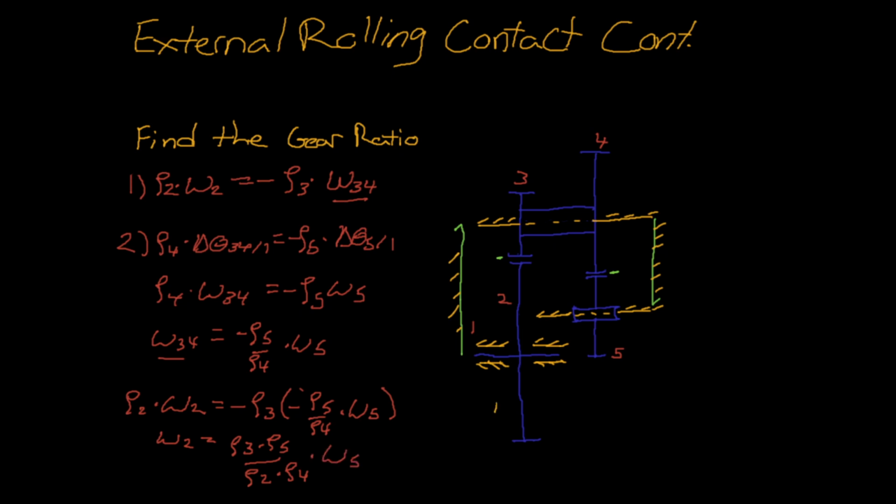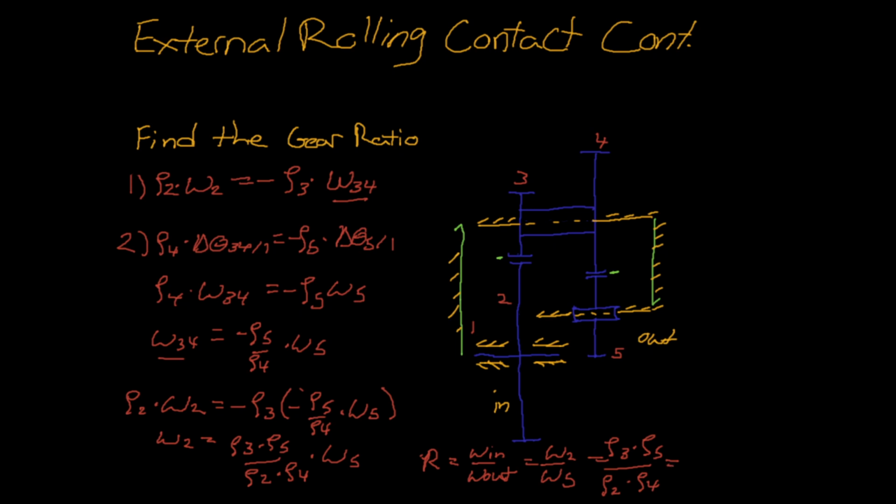If gear 2 is our input and gear 5 is our output, then by definition of the gear ratio, we would say that R is equal to omega in over omega out, which is equal to omega 2 over omega 5, which is ρ3 times ρ5 over ρ2 times ρ4.